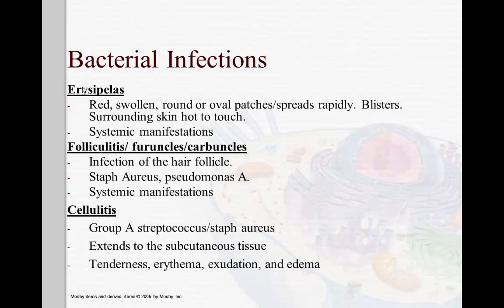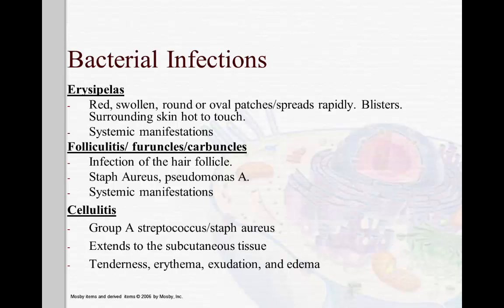It is characterized by a raised, shiny, indurated, tender plaque with very distinct margins. It is produced by beta-hemolytic streptococci, but it could be caused by other types of bacterial infections.